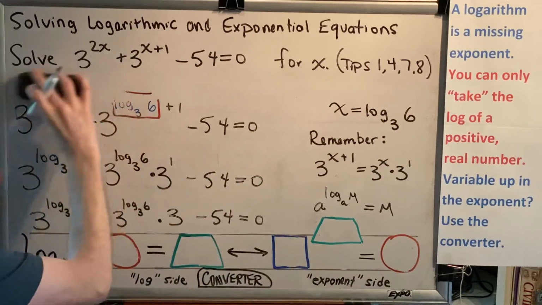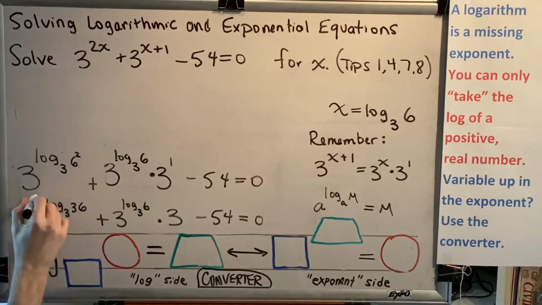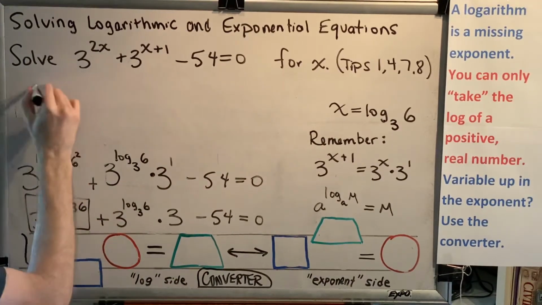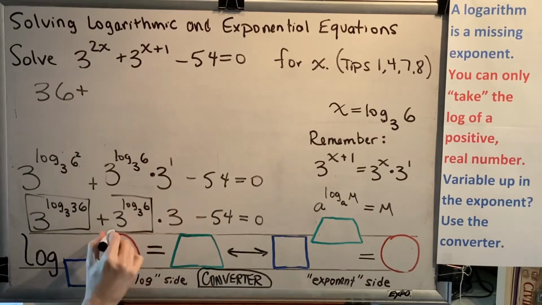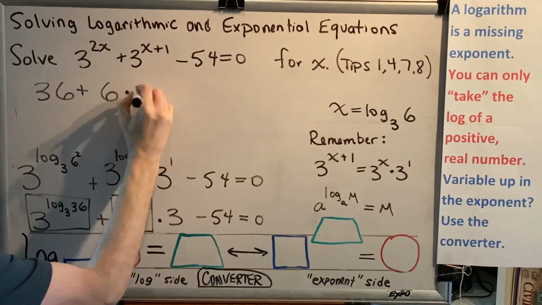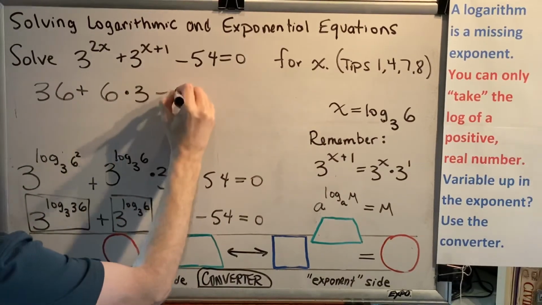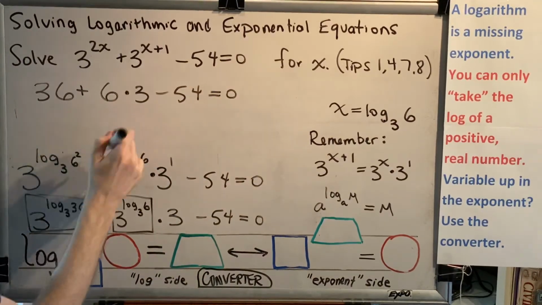So what we get, this whole first thing is 36. This whole piece right here is 6 times 3 minus 54 equals 0. 6 times 3, of course, is 18.